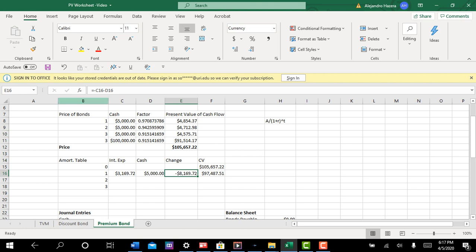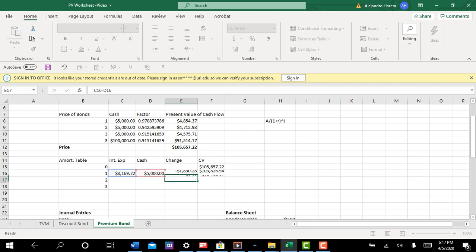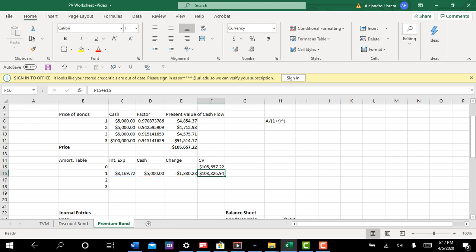There's an error in the formula, so let me change this for a second. That minus that. Okay, that's better. So for the new carrying value, you have 105, and you're going to take 1,830 out of the premium, so your remaining carrying value is 103,826. Notice that it's going down toward the face value.